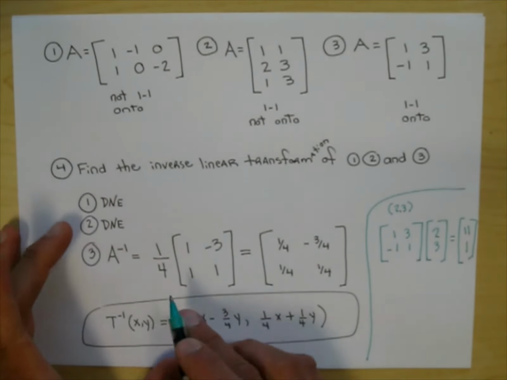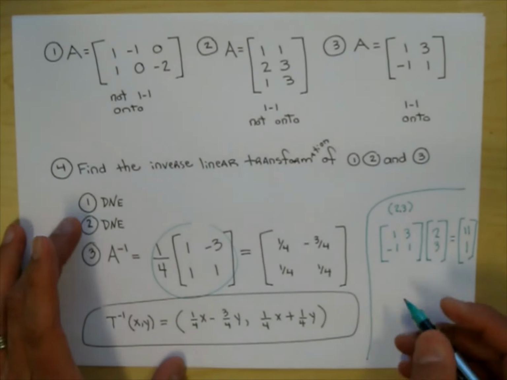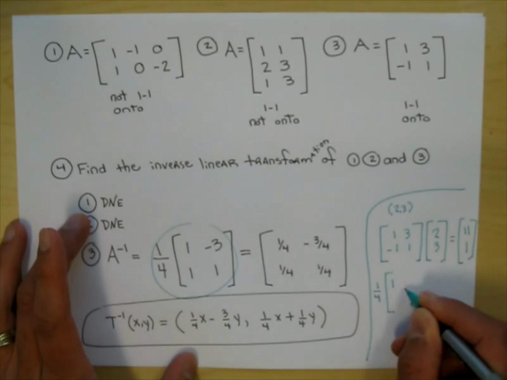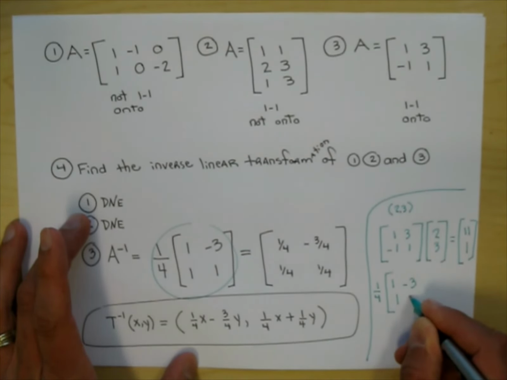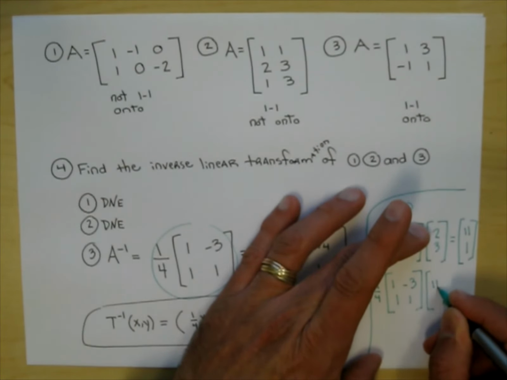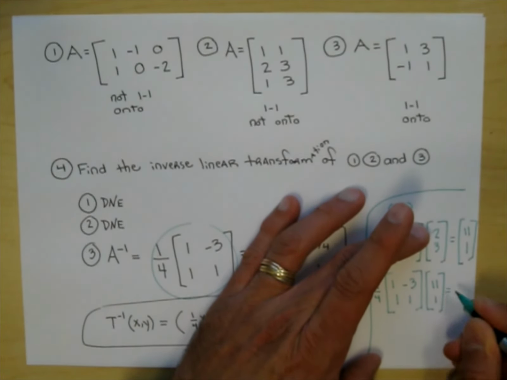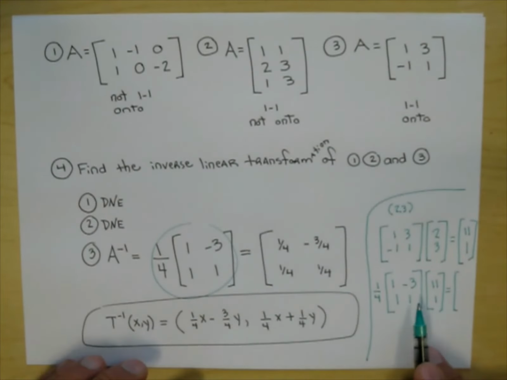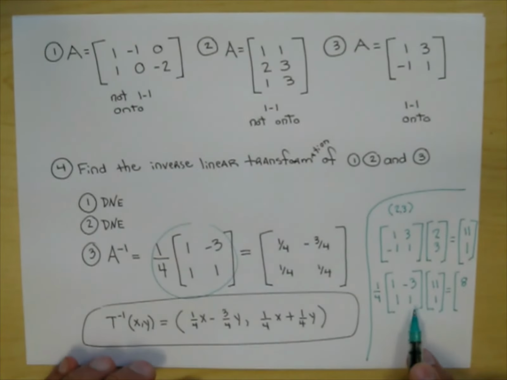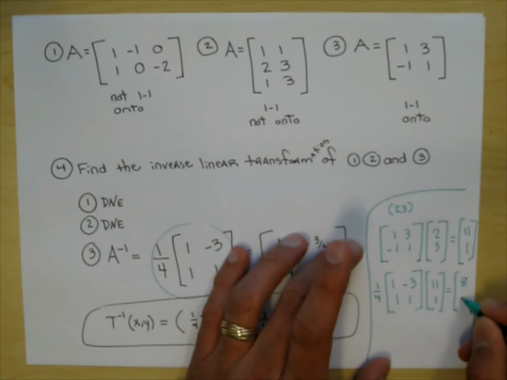I'm actually just going to use this matrix right here to do that. 1/4, and we know it's going to work because we've done inverse matrices before. But it's kind of neat because now we're thinking of linear transformations, and then we go (11, 1). We have 11 minus 3 is 8, and then 11 plus 1 is 12.